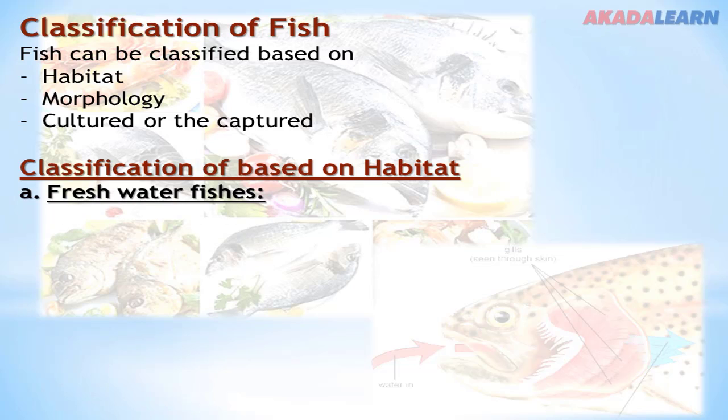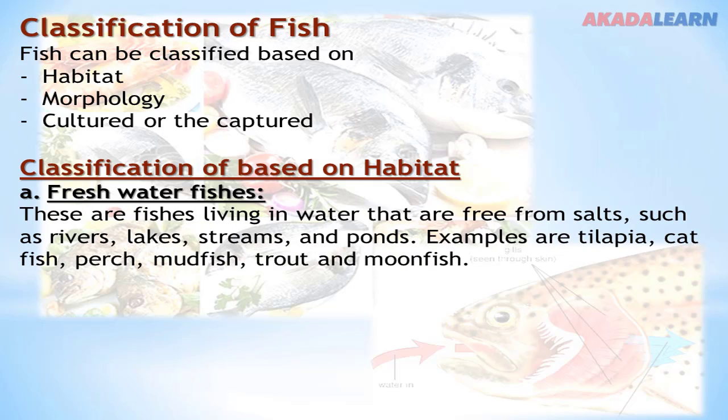The freshwater fishes are fishes living in water that is free from salt, such as rivers, lakes, streams, and ponds. Examples of freshwater fishes are tilapia, catfish, clarias, mudfish, trout, and moonfish.